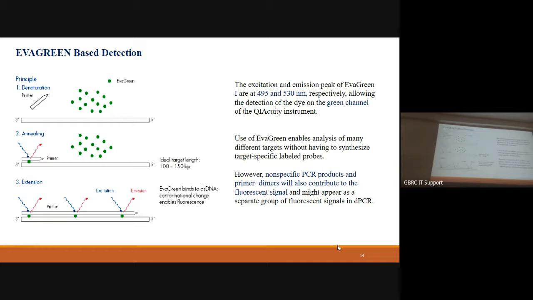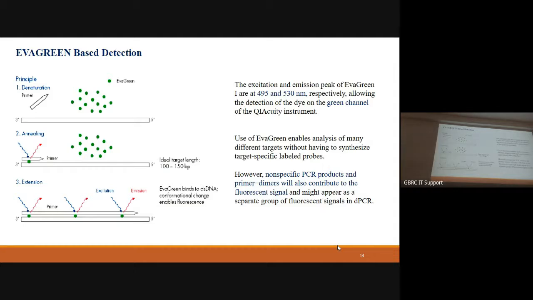Like real-time PCR, two kinds of chemistry can be used: first is EvaGreen-based, and second is hydrolysis probe-based chemistry. As you all know, EvaGreen is an intercalating dye with double-strand binding affinity.